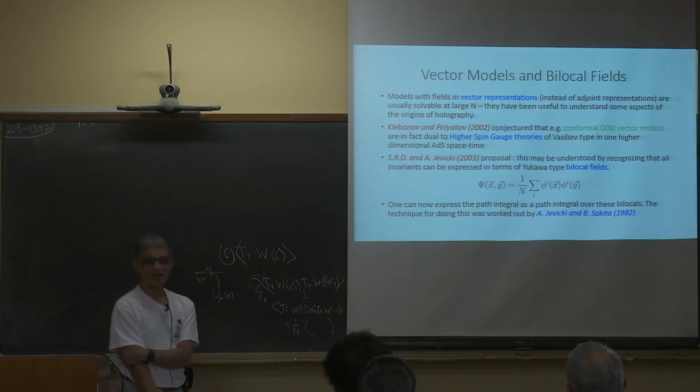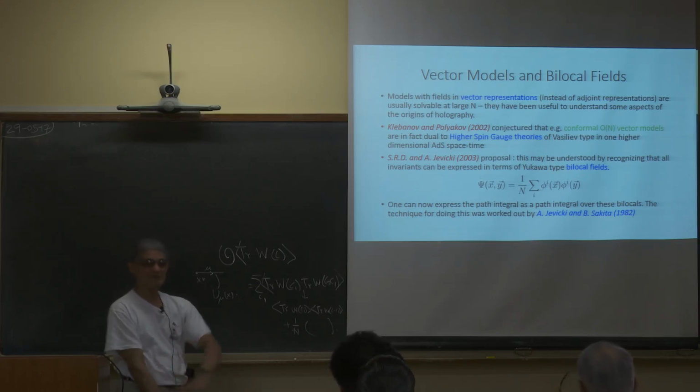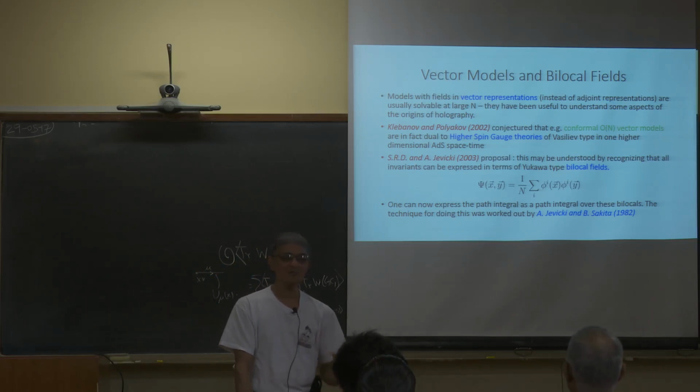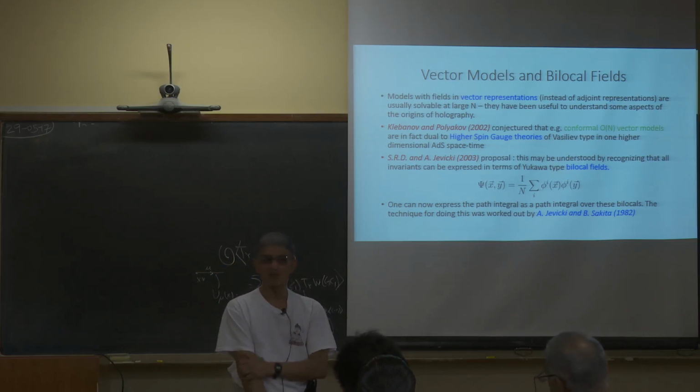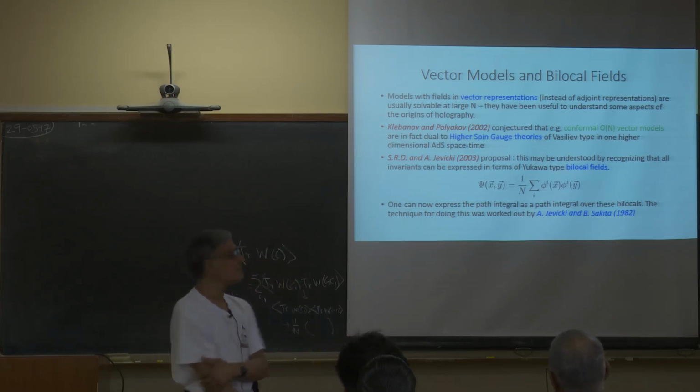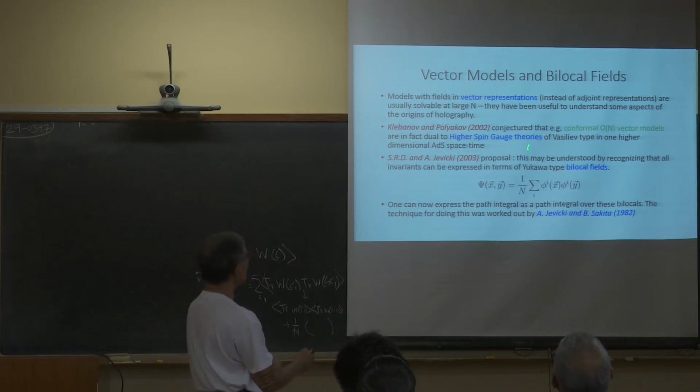These are theories which have gauge fields of all even spins, and all of them are massless. So addressing questions of locality in the bulk becomes a little bit tricky.